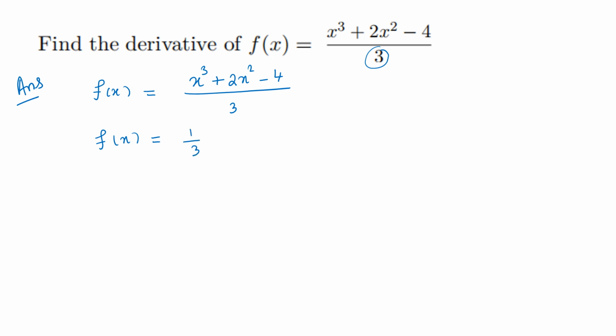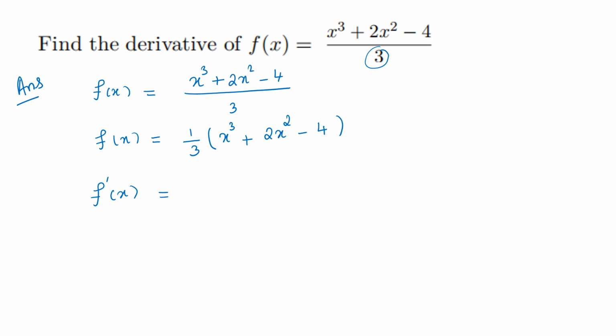Same f(x) again I can rewrite like this: 1 by 3 multiplying x cube plus 2x square minus 4. So it is looking like some constant times f(x). So now we can find out the derivative easily. f dash of x equal to constant times f(x) means the derivative constant you can keep it.